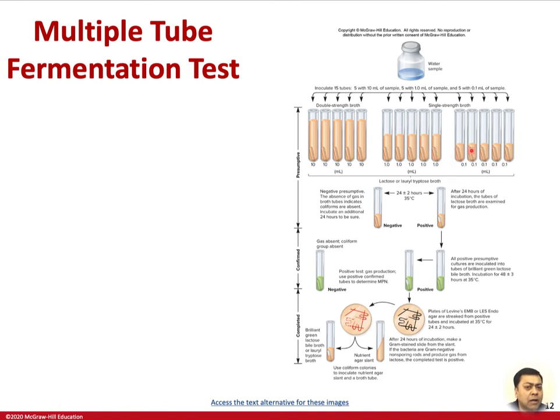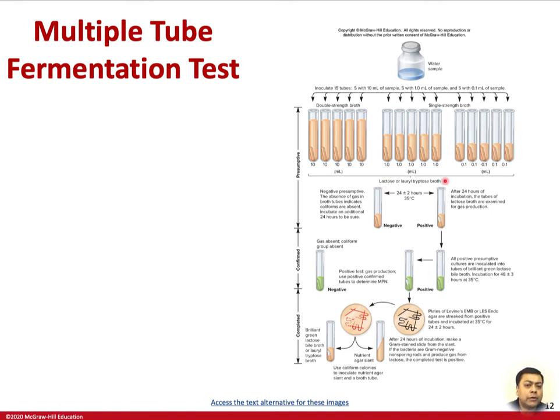And this Durham tube is used for trapping gas. So if the coliforms, in the presence of this lactose and this lauryl tryptose broth, produce gas, this gas will be trapped inside this inverted Durham tube. That's the reason that you have that tube.